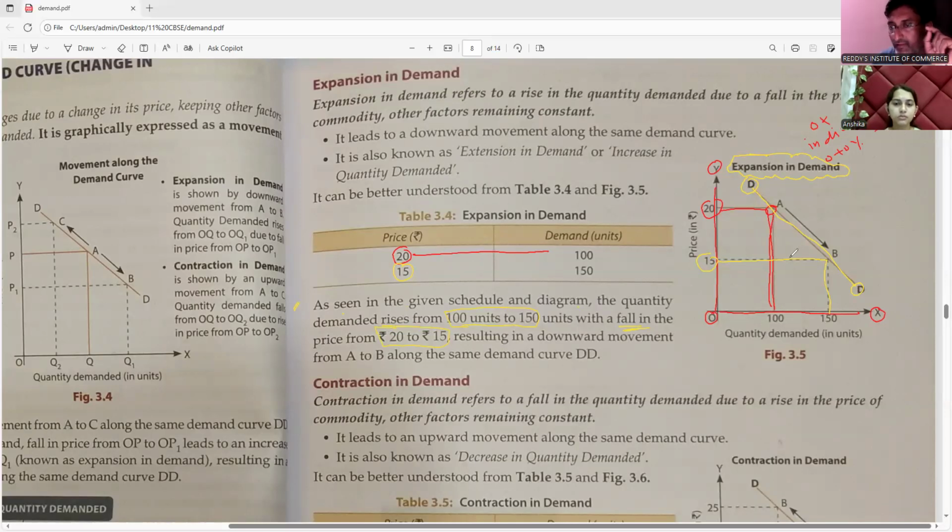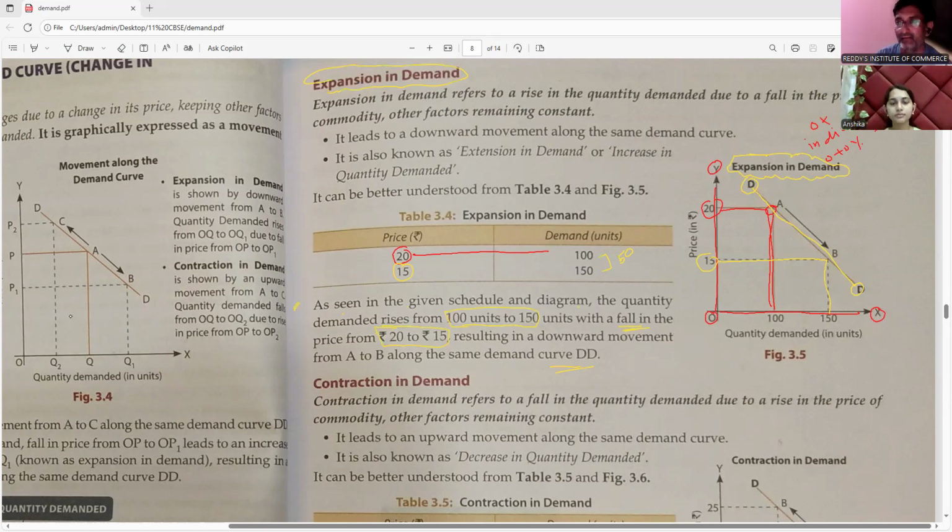So 50 units increased, resulting in a downward movement from A to B along the same demand curve. That is called expansion in demand. Got it?